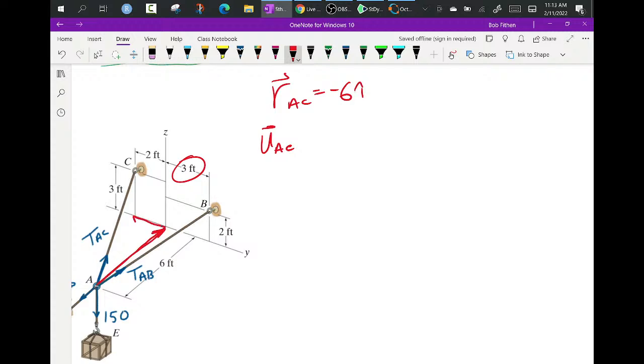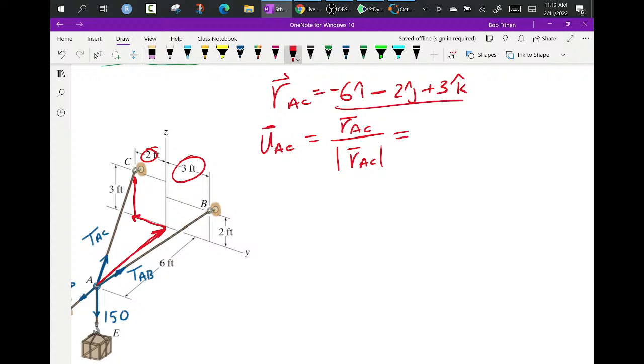Now I have to go backwards 2, and then I have to go up 3 to get there. So again, this is the unit vector in that direction.